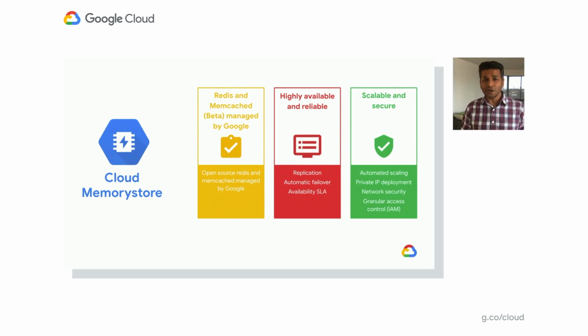So overall, with Memorystore, you get a fully managed service that is highly available and also highly secure. And with that, you don't really have to spend time managing your Redis and Memcached infrastructure. You can just focus on building your applications.